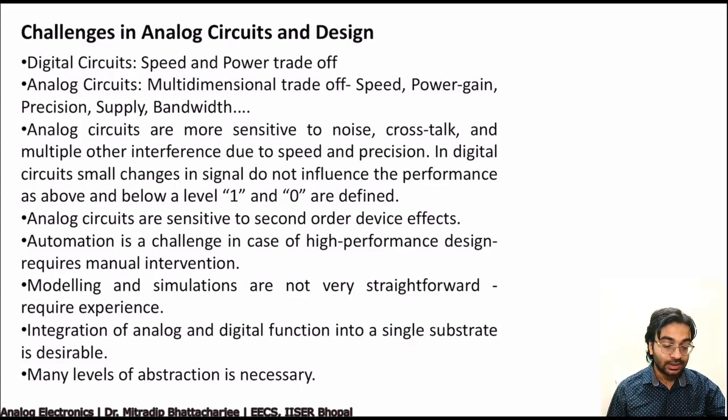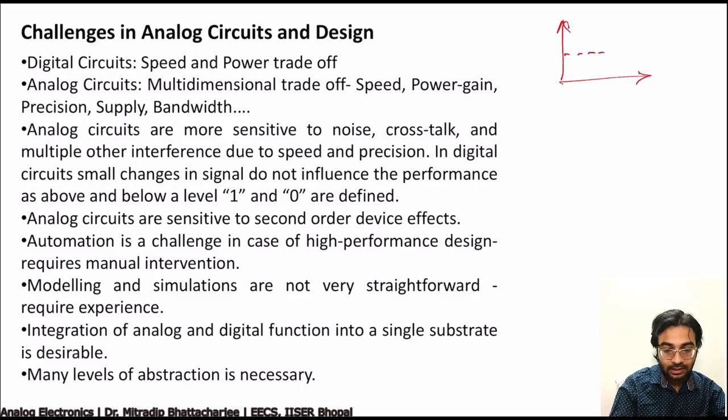Then analog circuits are more sensitive to noise, crosstalk, and multiple other interferences. Why are they more sensitive to noise compared to digital? Because when you use a digital circuit, you define a threshold. Above this threshold it is 1, below this threshold it is 0.